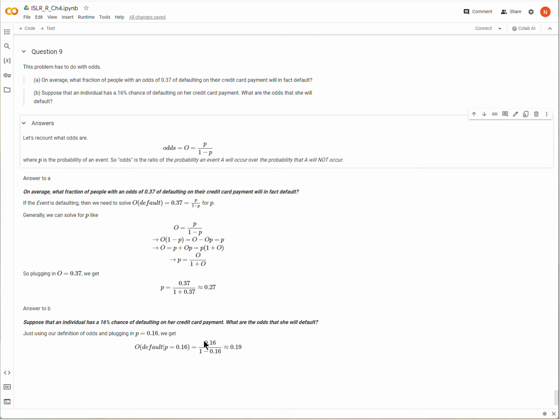That's just as simple as plugging P into the equation, and you run that arithmetic, and we get 0.19. So stated differently, I'm sorry, not 19%, an odds of 0.19. So stated differently, a person that has a 16% probability of defaulting translates to that person having an odds of defaulting of 0.19.